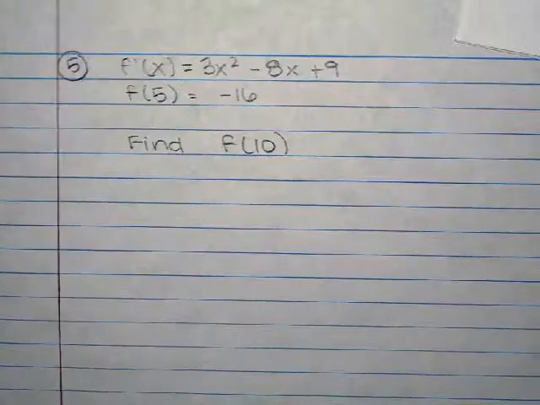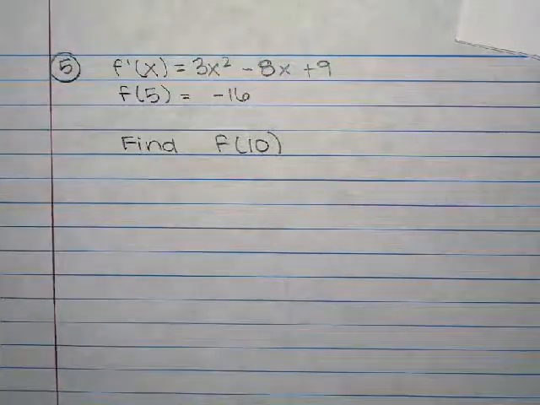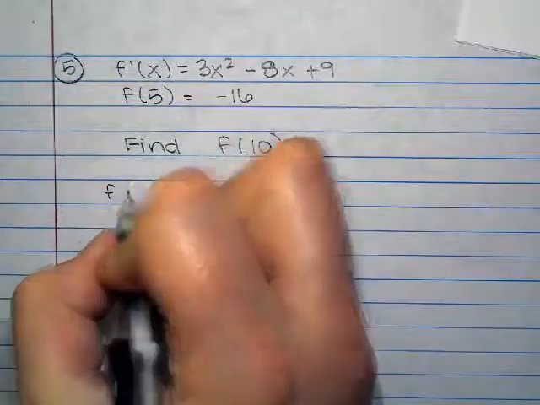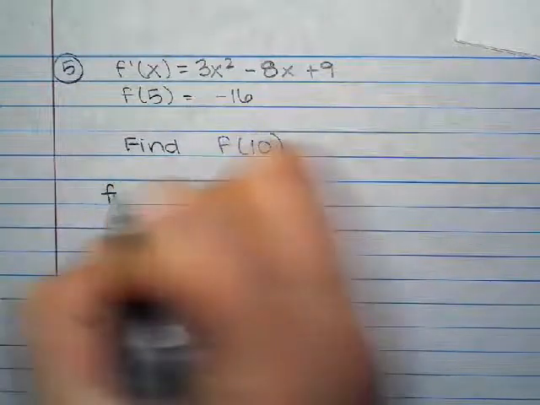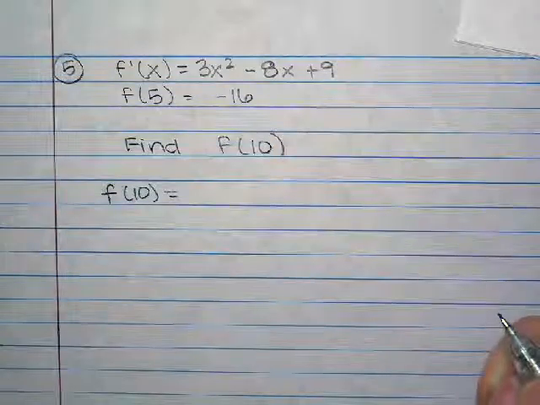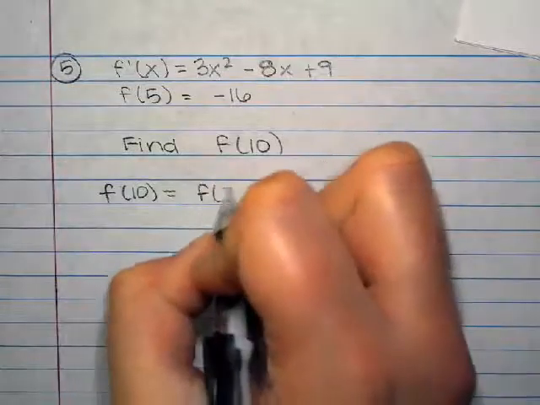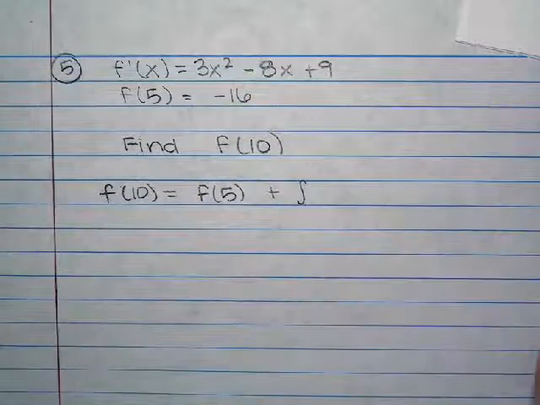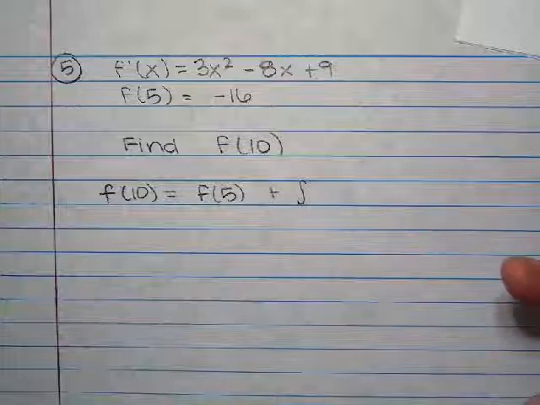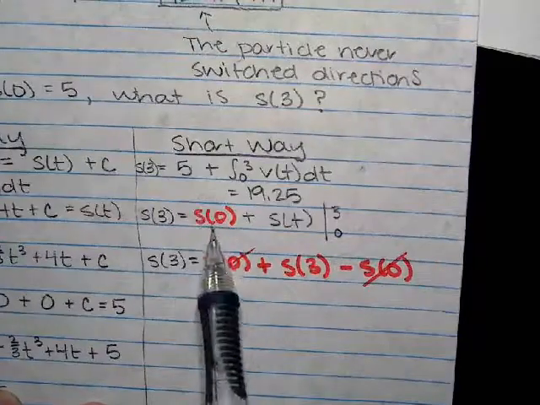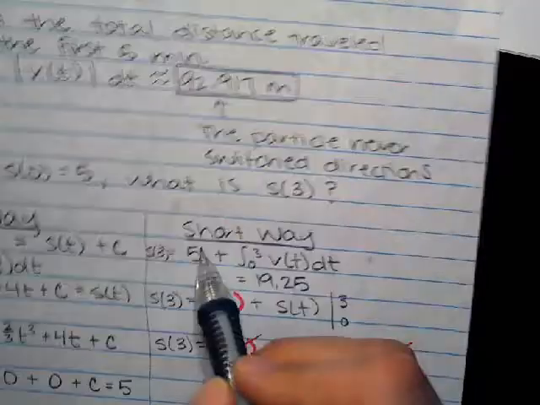Do you go from 0 to 10 first, or is it... So f of 10 equals f of 5 plus the integral, if you go from 0 to 10, or 0 to... So think about this. This right here was S of 0, and then it went from 0 to 3.